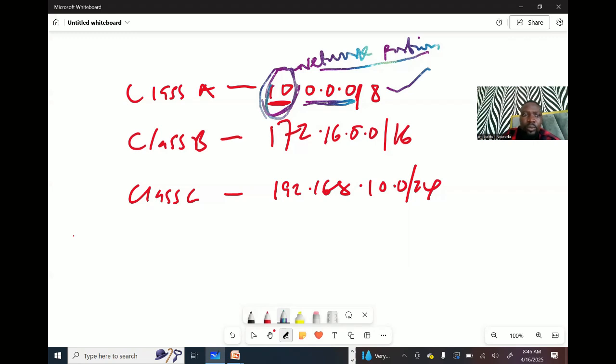In class B, the first and second octets are for the network portion. Don't worry, I'll put it in an example soon. The remaining 2 octets are for the host portion.